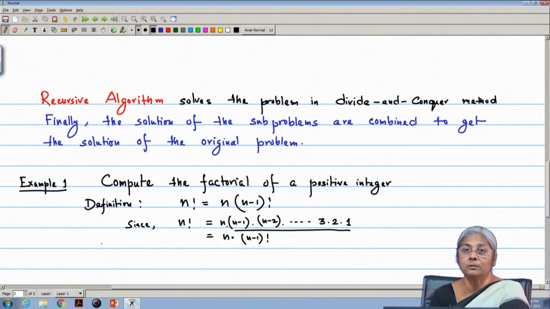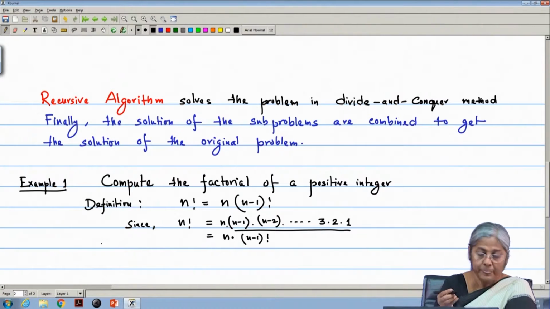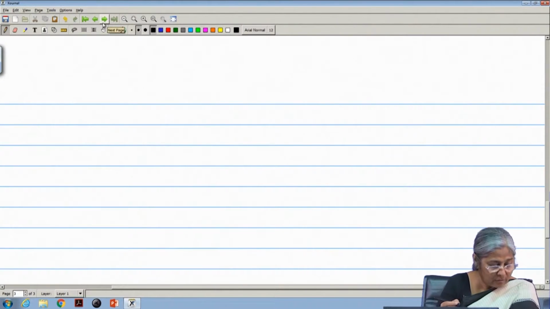A recursive algorithm contains this type of recursive function. If we write an algorithm that contains this recursive function, that will form a recursive algorithm. So, how do we use that algorithm?